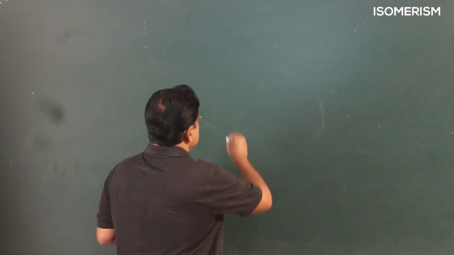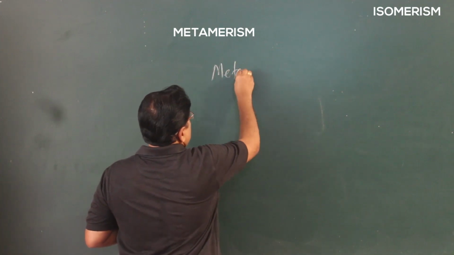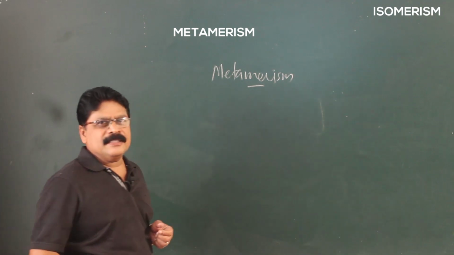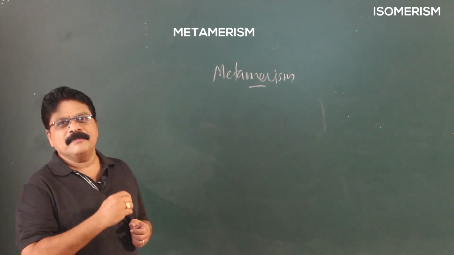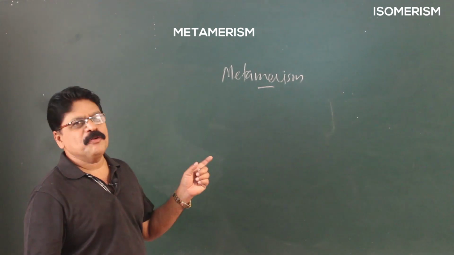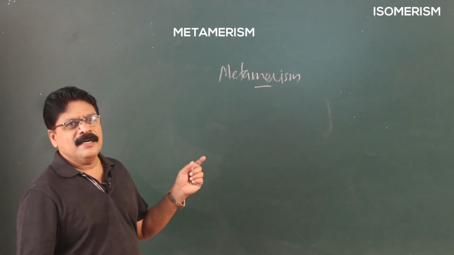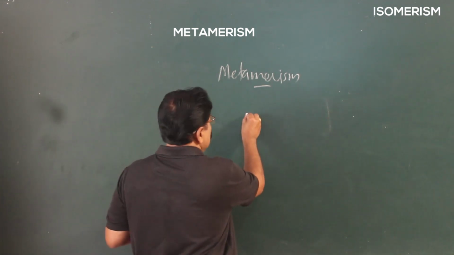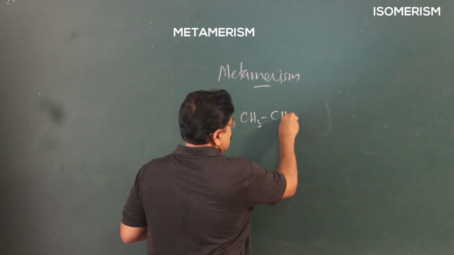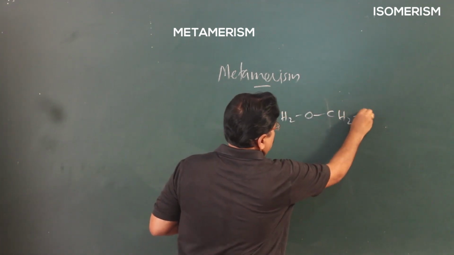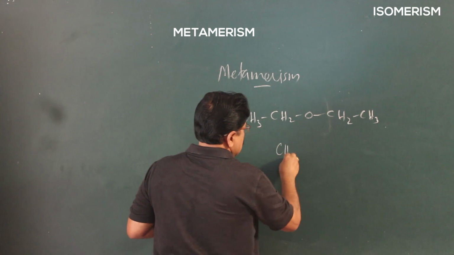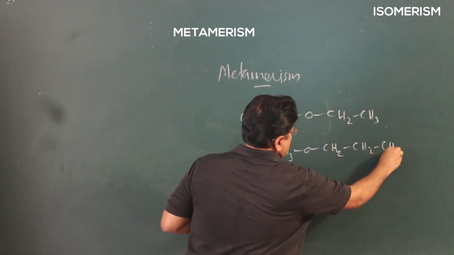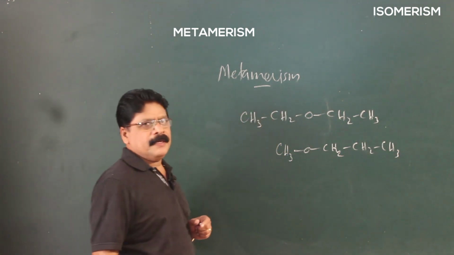Now, regarding metamers or metamerism. Remember, metamerism, nothing is got from the name. That means there is no clue from the name. So, easiest way to remember metamerism is terminal functional groups cannot have metamerism. So, for example, this is an example of metamers. This is another isomer.